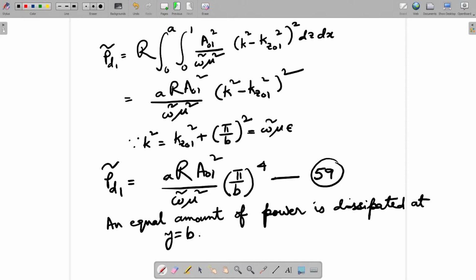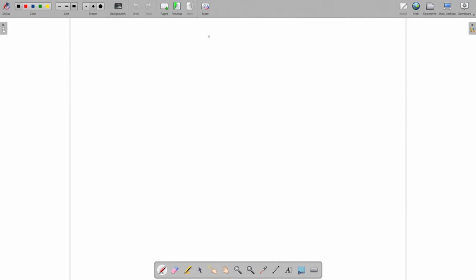Then we next go to the power dissipated at the wall x equal to 0. So, at the wall x equal to 0, we have two tangential components of the magnetic field for the T01 mode. One is Hy and another is Hz.